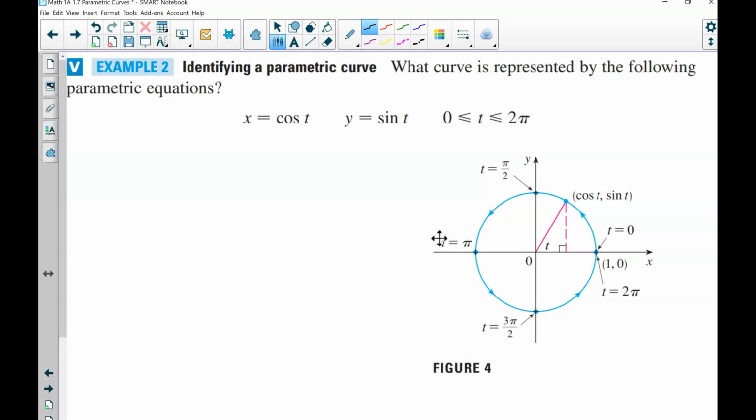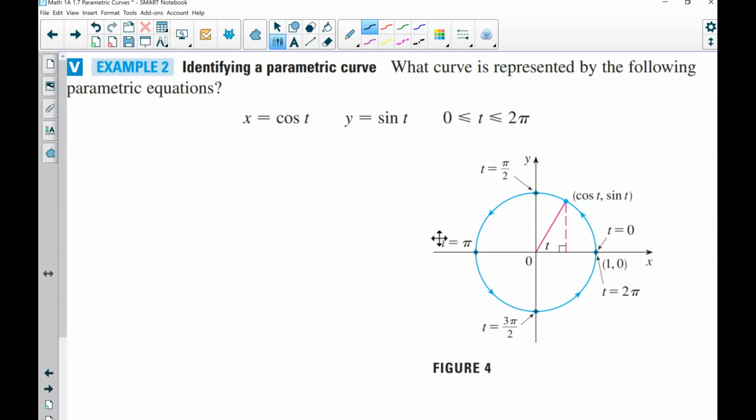Okay, so what we can do is first determine what is happening with x and y. The curve appears to be a circle, and we can confirm this by eliminating t. So how do we do that?